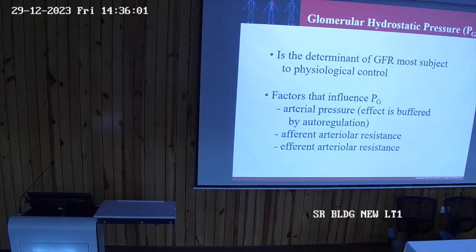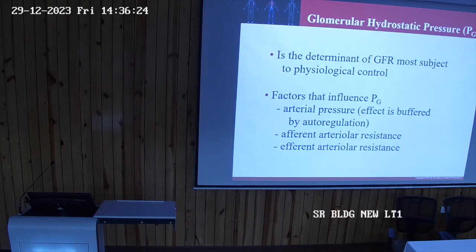The first and foremost thing we always remember when showing the diagrammatic representation of filtration, the glomerular structure, juxtaglomerular apparatus, or ultrafiltration, is the diameter of the afferent and the efferent arteriole.